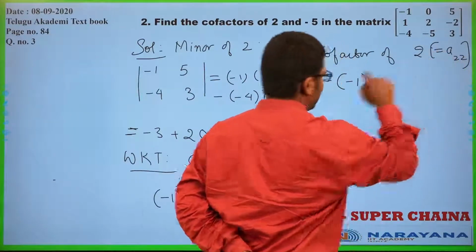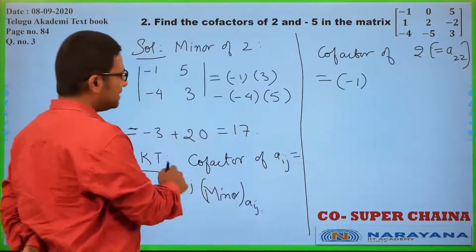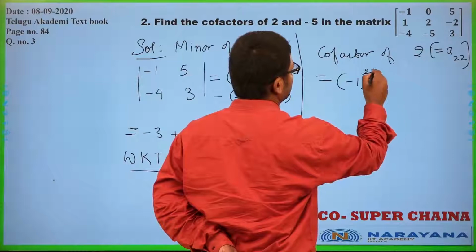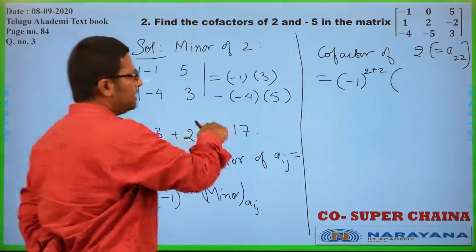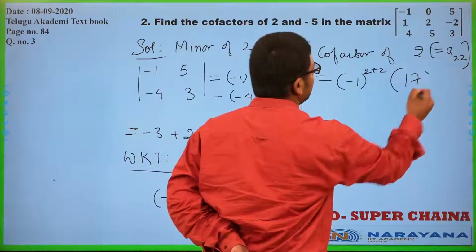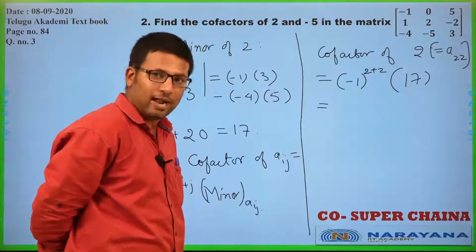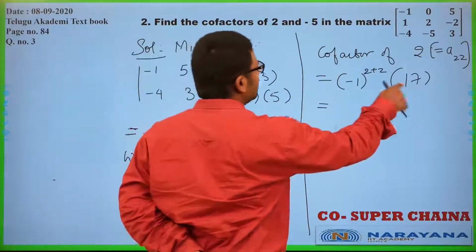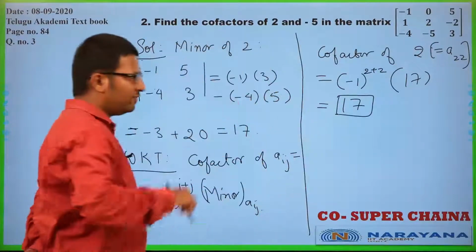So this would be -1 raised to 2 plus 2 into its minor. We have already calculated its minor; this is 17. -1 raised to 4 is 1, which means 1 times 17. So 17 itself is the cofactor.